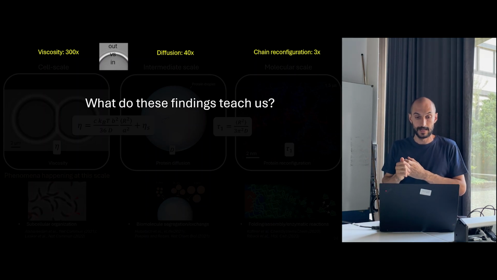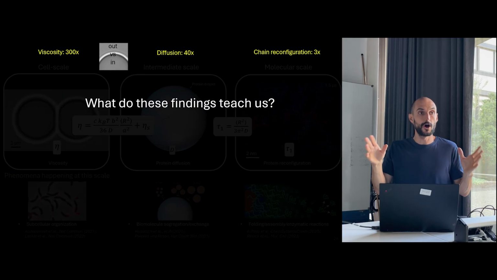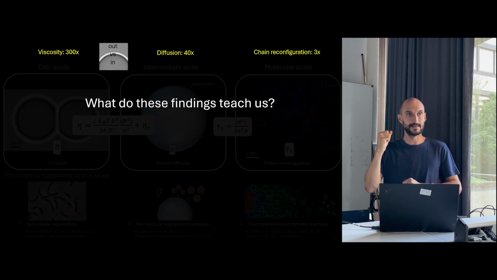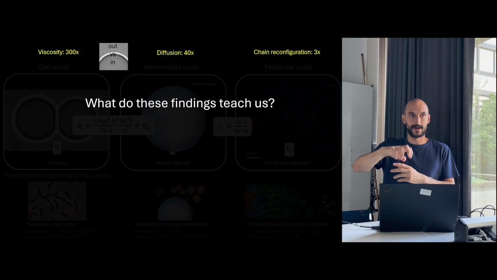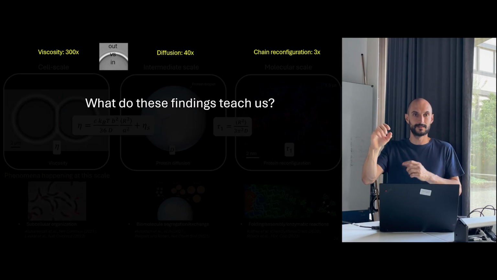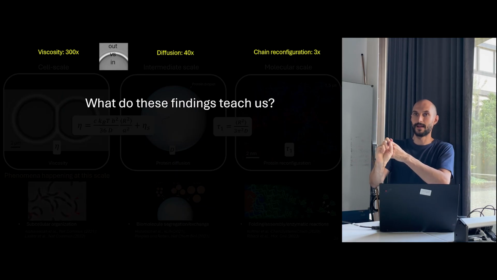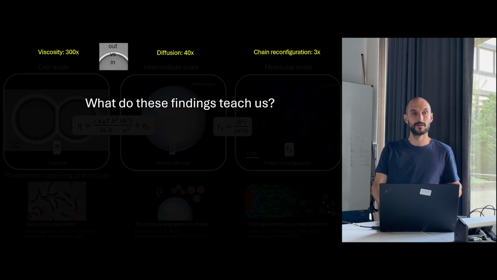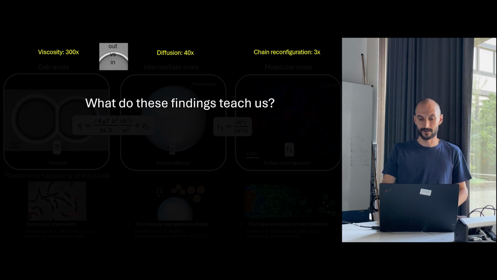The sort of anomaly, if you want to call it this way, is what happens in the binary complex in the dilute phase, which despite being almost in water, so 1 prothymosin alpha, 1 H1, they reconfigure very slowly. So the interactions are relatively strong. So that's somehow what is weird in that regard and what may be worth exploring further.